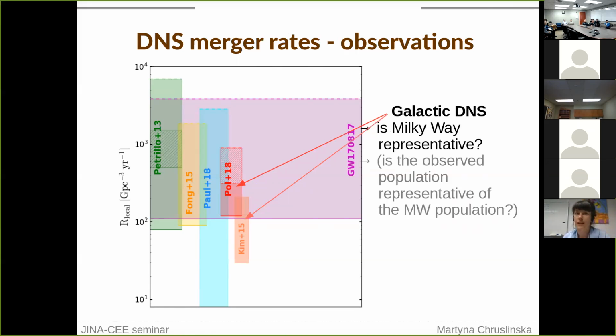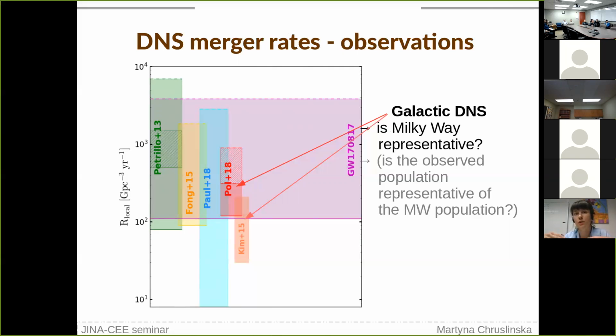So each new observation can affect the range that we see. And also this estimate based on galactic sample is naturally made for a Milky Way-like galaxy. And to put it on this plot, we have to extrapolate to the local volume. So we have to assume something additionally, and this is not a straightforward procedure.